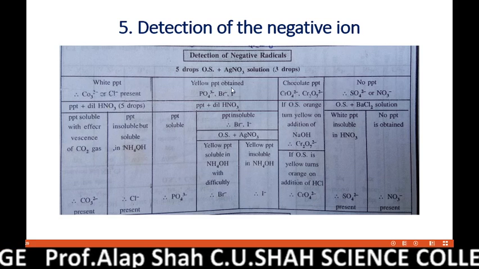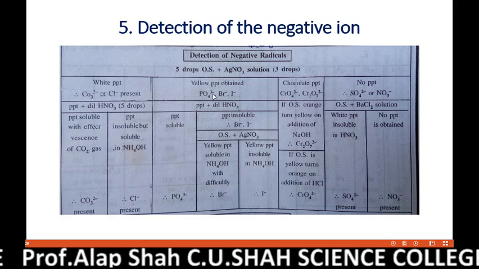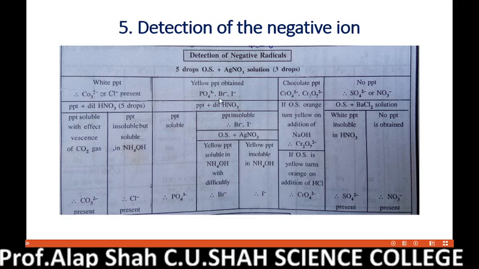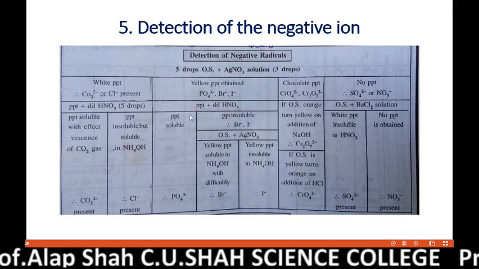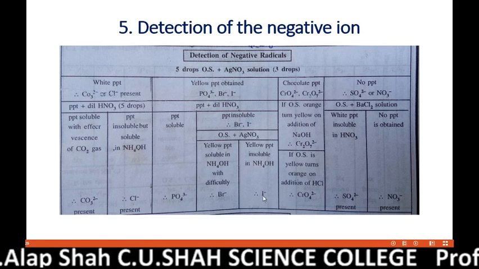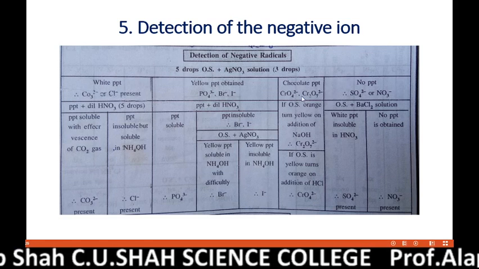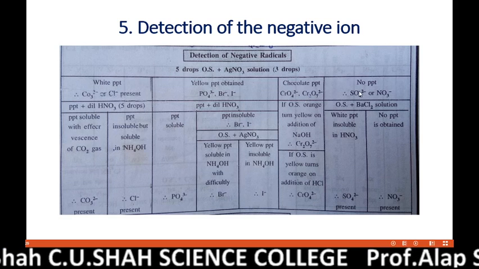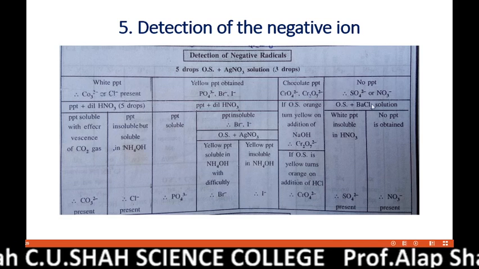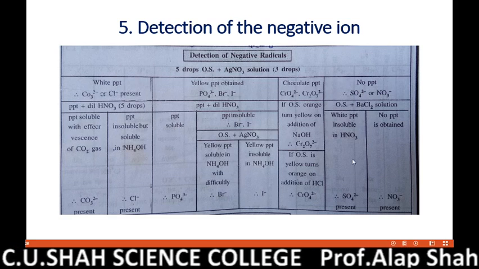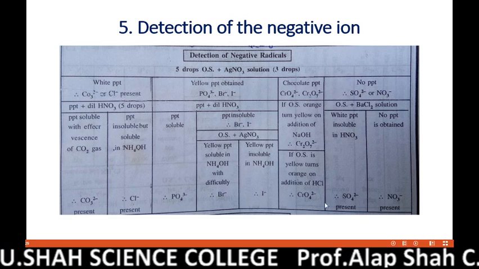Yellow precipitates, then maybe iodide, bromide, phosphate. In that case you have to perform further separation and identify the negative ion. A chocolate precipitate indicates chromate or dichromate, and no precipitates means sulfate and nitrate. Then you have to further separate them and identify the negative ion.